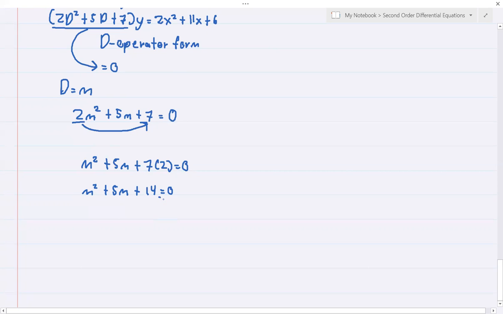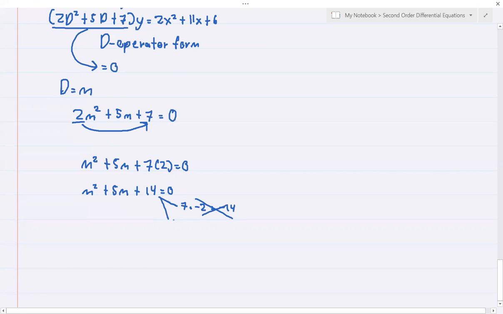So what I can think of is the given factors, that would be 7 times negative 2. But if I have 7 times negative 2, I'm going to have negative 14, which is wrong.